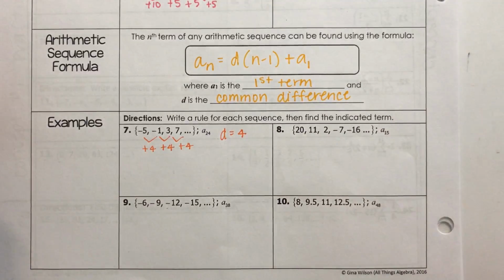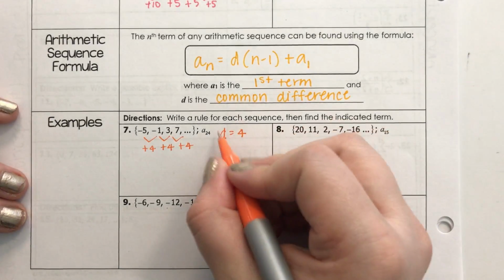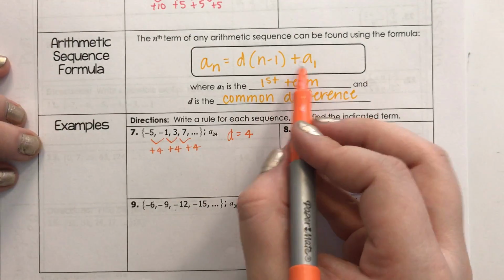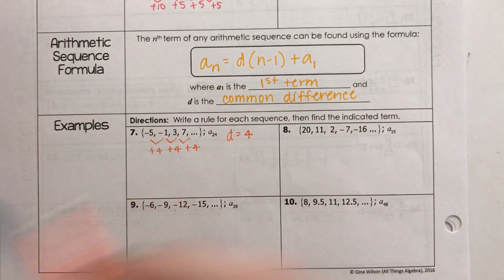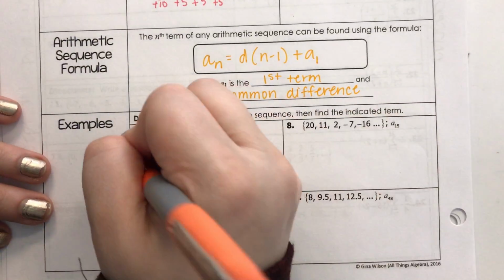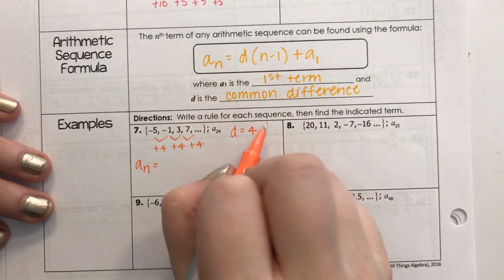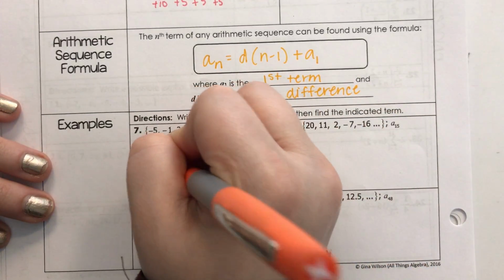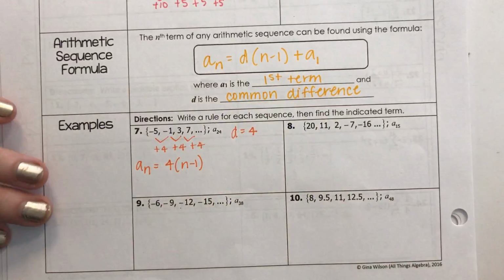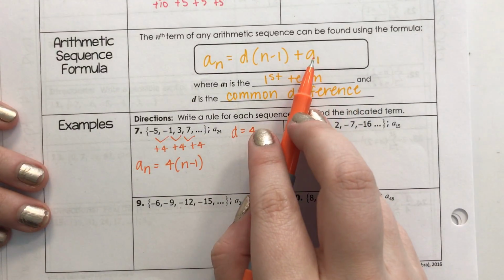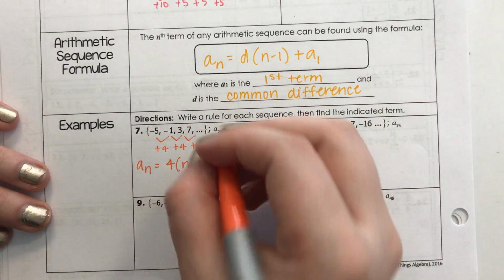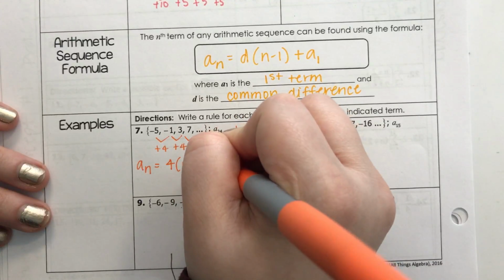So how we're going to write this sequence is we're just going to take our first term and plug it into this and generate a formula. So a sub n equals, our common difference is 4, times n minus 1, we're leaving n alone, plus a sub 1, which is the first term, so plus negative 5.